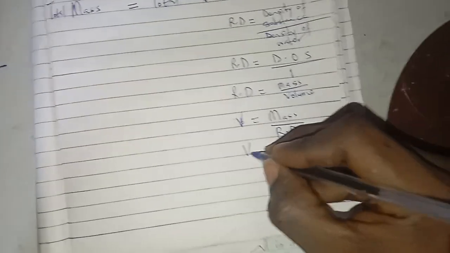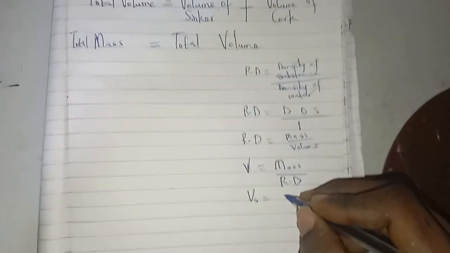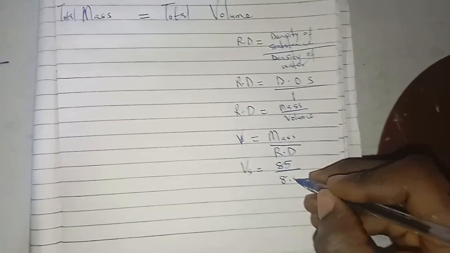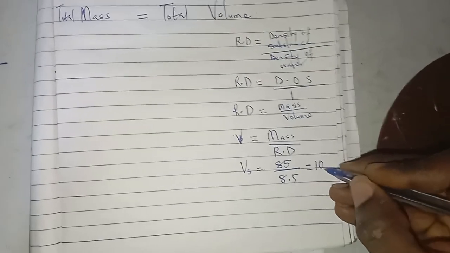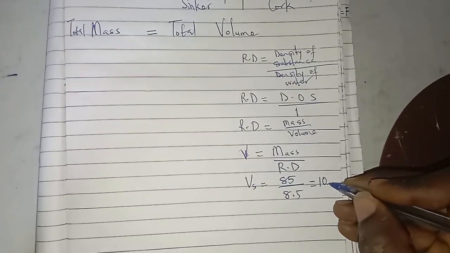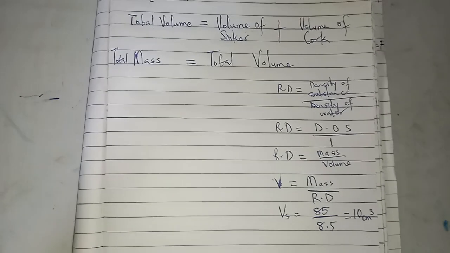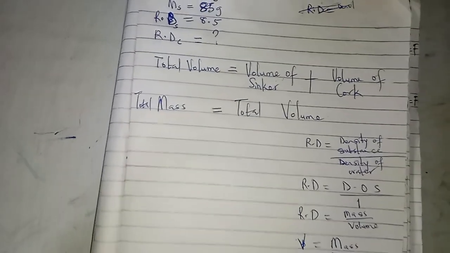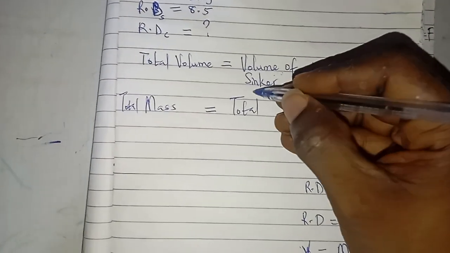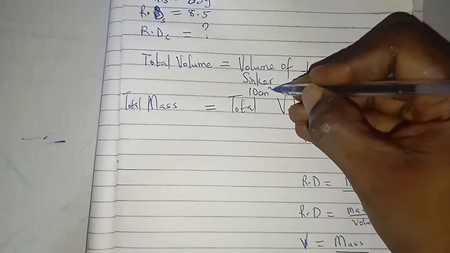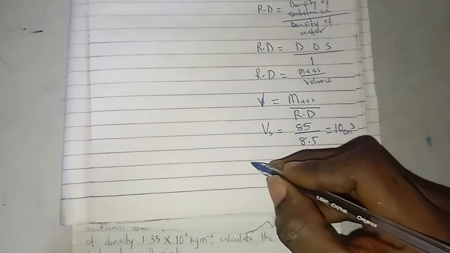So the volume of the sinker is 85 gram all over 8.5, which equals 10. Since I'm using gram, it will be centimeter cube. So I've gotten it, let me put it here: 10 centimeter cube.